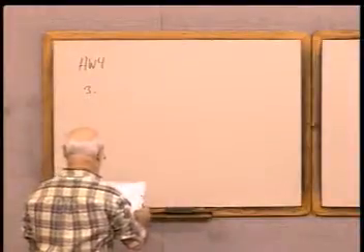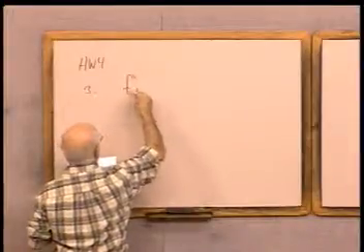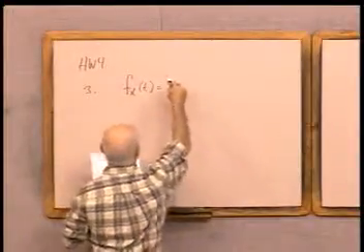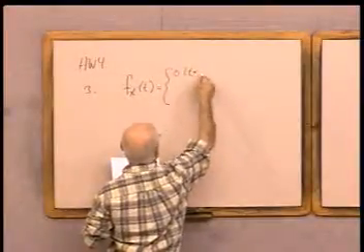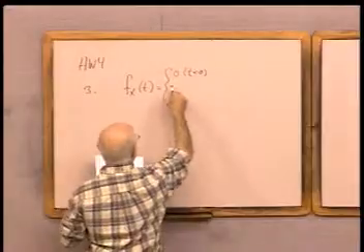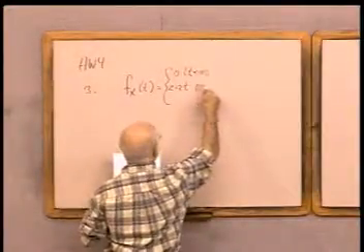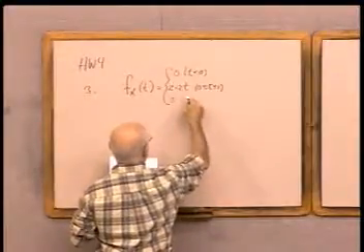And in case 3, what you're given is a density function, which is 0 when t is negative, 2 minus 2t when t lies between 0 and 1, and 0 when t is greater than 1.